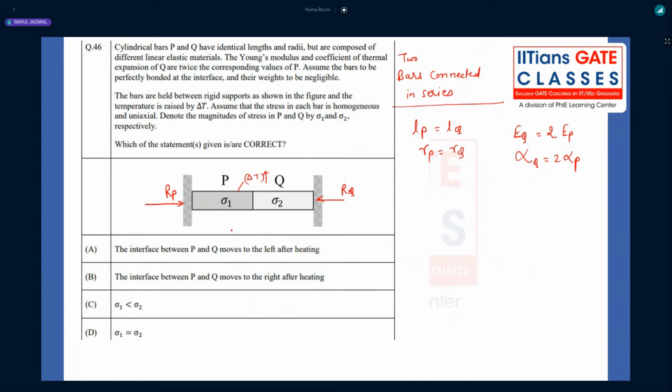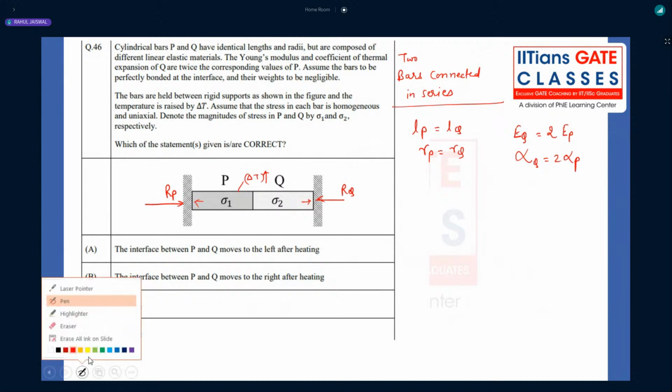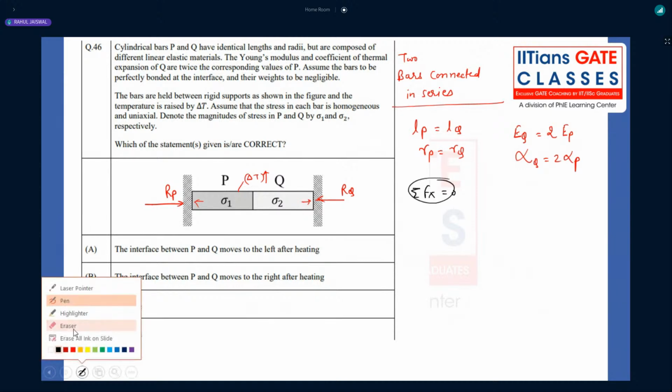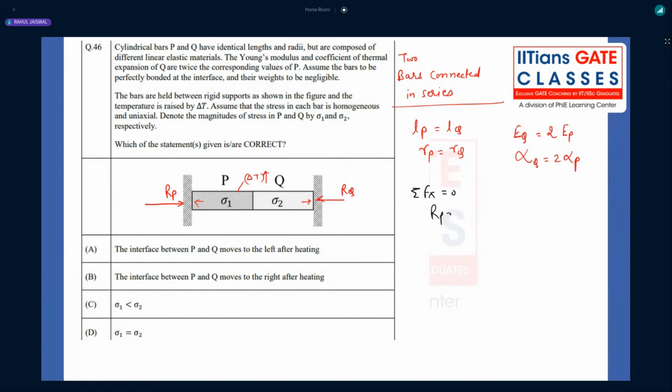Both bars will try to push this particular support. The support will say you go back. They will offer some kind of resistive force, right? If you do summation of forces in x direction equal to 0, what you will be getting is Rp equal to Rq, right?